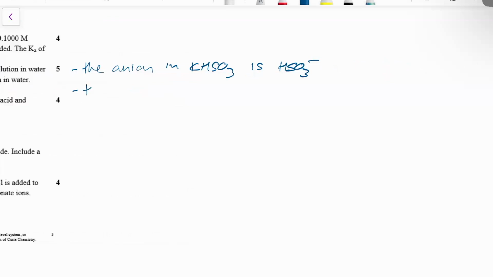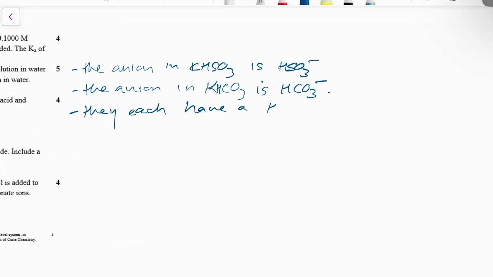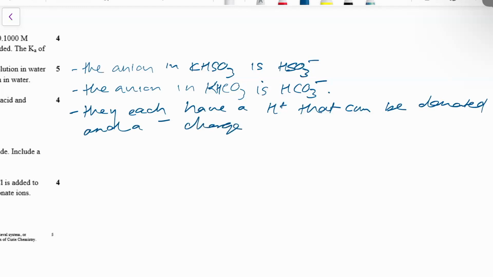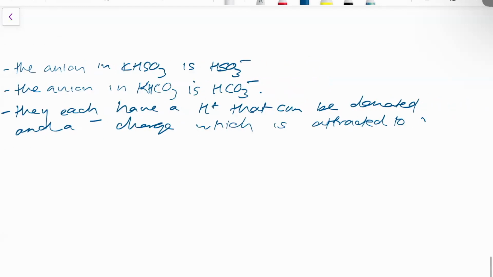And the anion in KHCO3 is HCO3 minus. They each have a H plus that can be donated and a minus charge, which is attracted to a H plus.